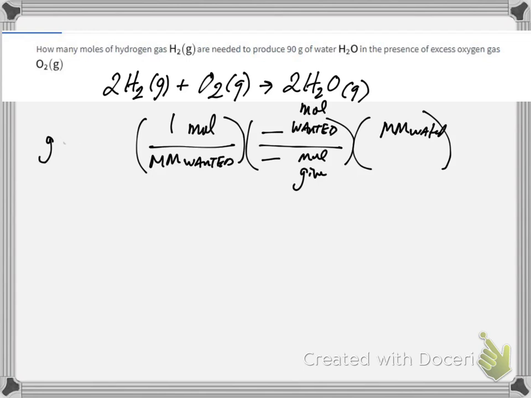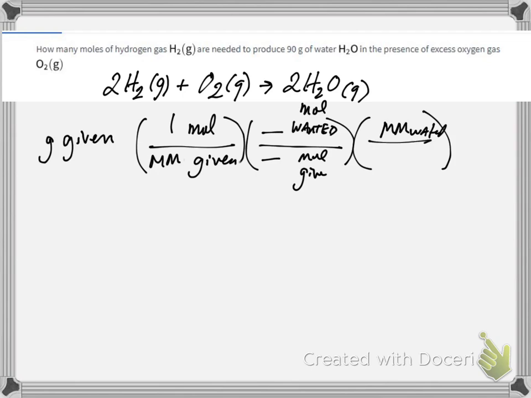Keep in mind here, this is given, so the grams of given, molar mass of given. Okay, so that's our formula.